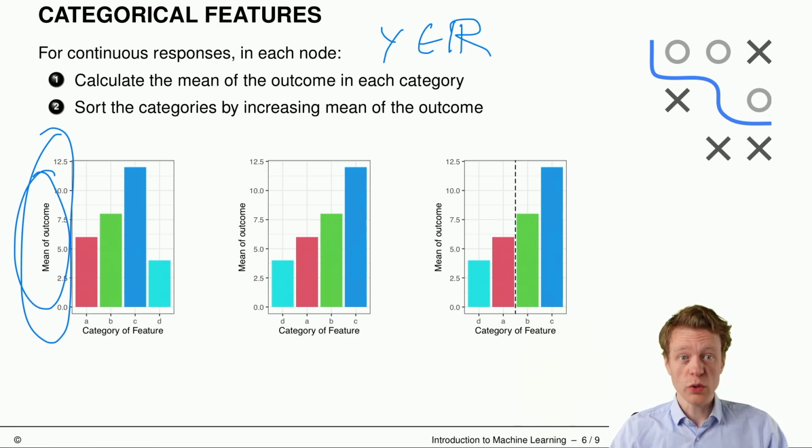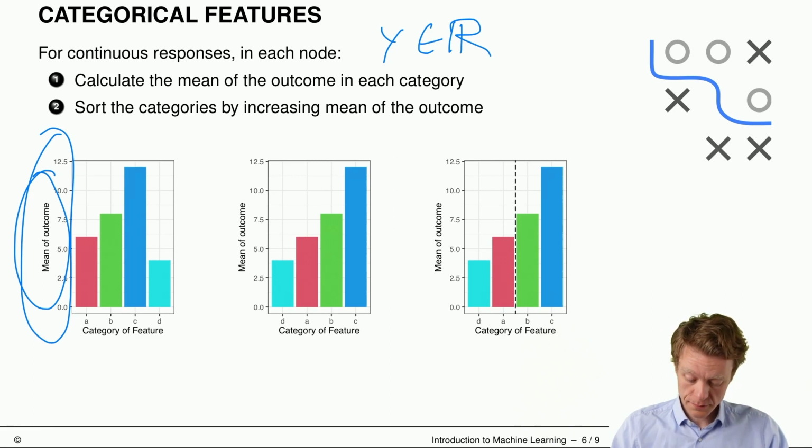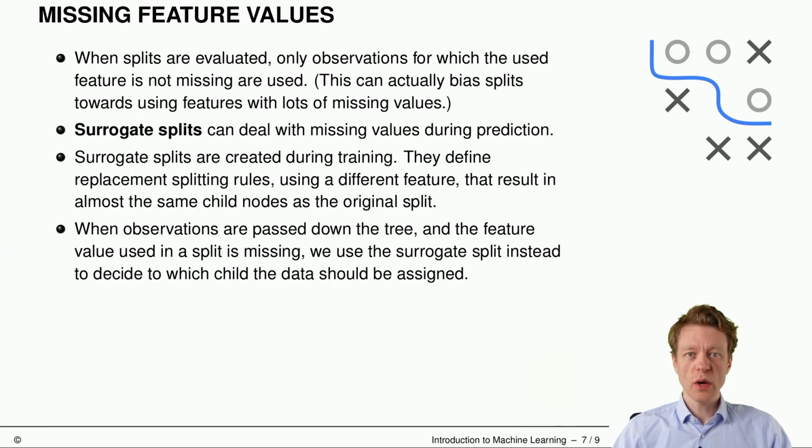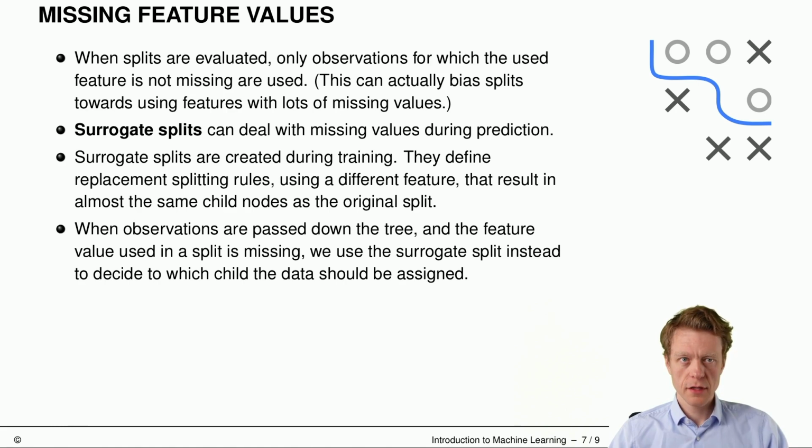And we do the same thing. We reorder those categories so that they are in ascending order regarding the mean outcome. And then again, we have 3 split points which we have to investigate and just choose whichever is best from these 3 split points.